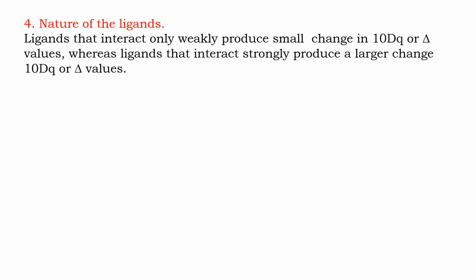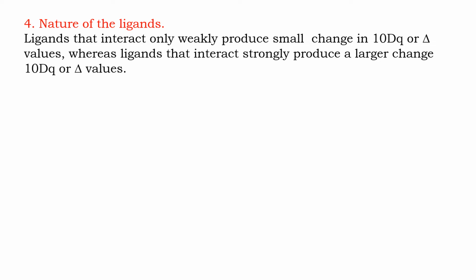The fourth factor that the magnitude of 10Dq depends upon is the nature of the ligands. Depending upon the ligand, the 10Dq value changes. Some ligands interact with the metal or the d orbitals very weakly, while some ligands interact with the d orbitals very strongly.